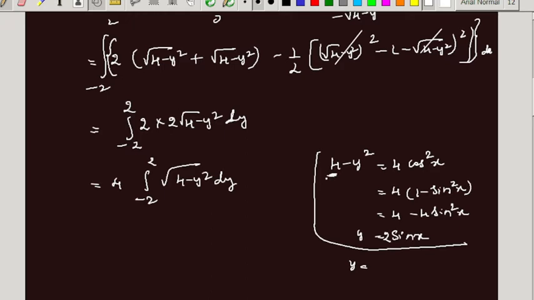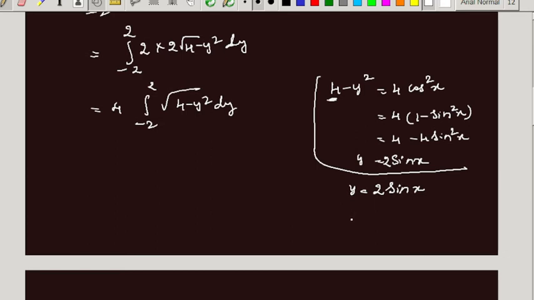Remember, the terms here should be taken in terms of square root. The square root of 4 is 2, and here minus y square is there. We can write it as sin or cos, anything. Y is 2 times sin x. Then if we differentiate this one, dy is 2 times cos x into dx. And here minus 2 is there.